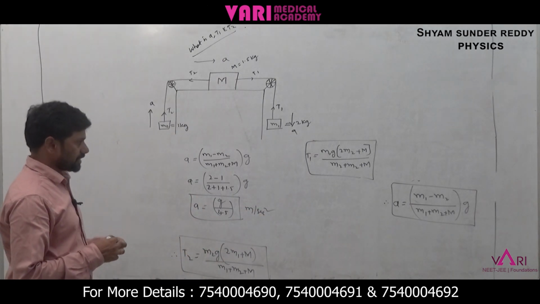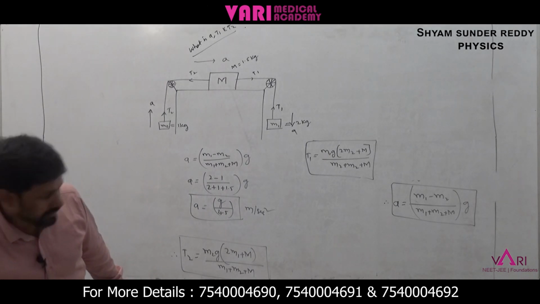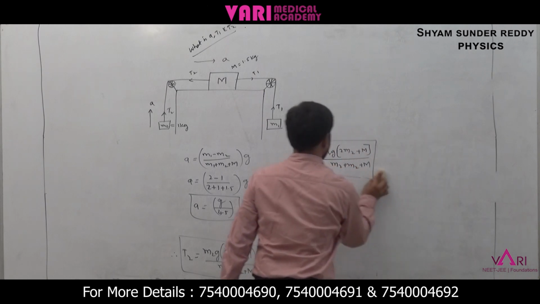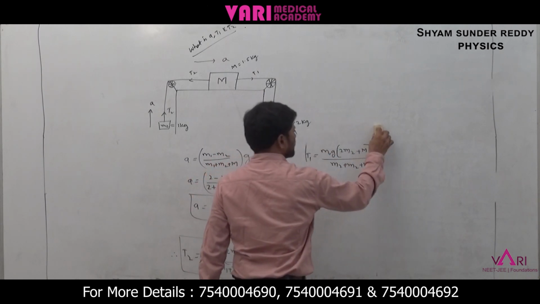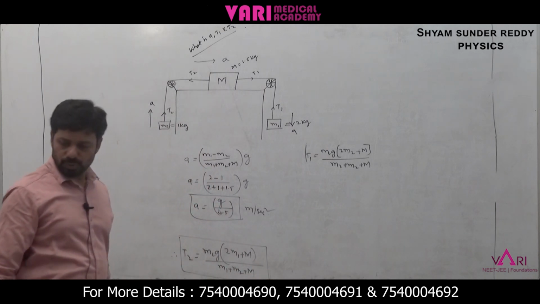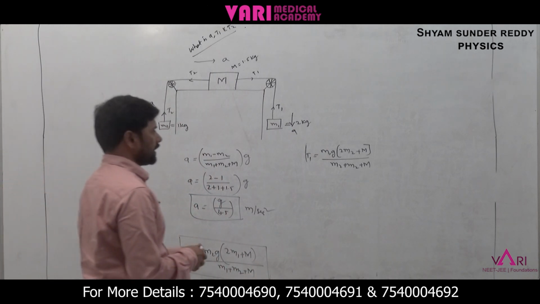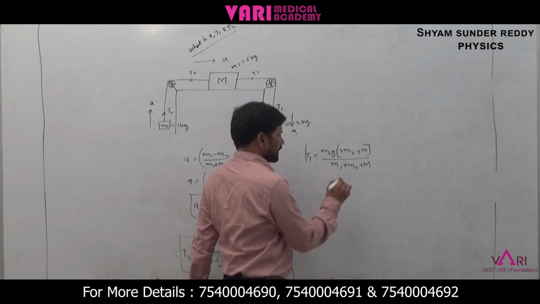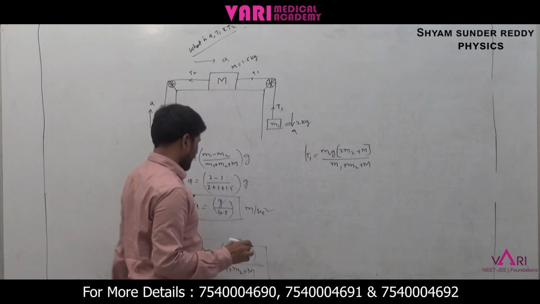And tension T1, we want the T1 tension. Here it is, T1 is equal to M1G into (2M2 plus M) by (M1 plus M2 plus M).